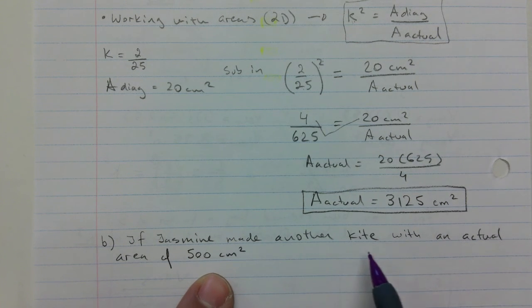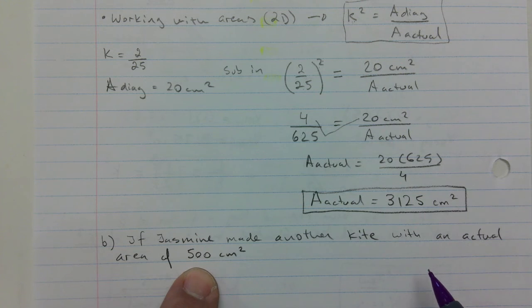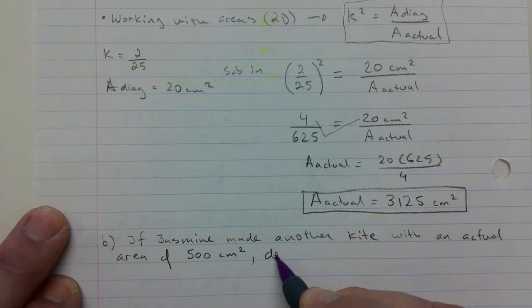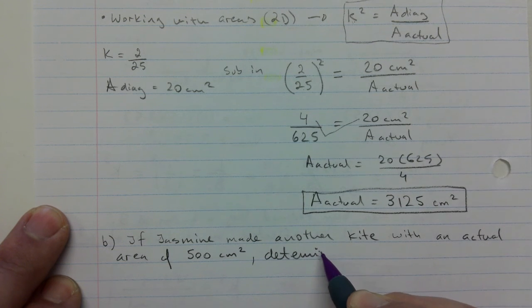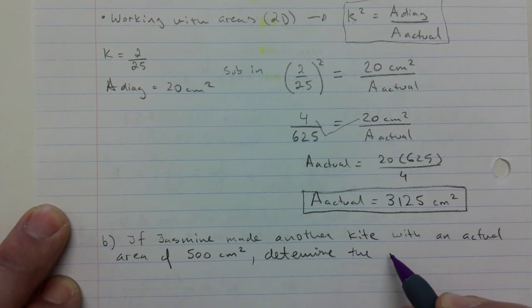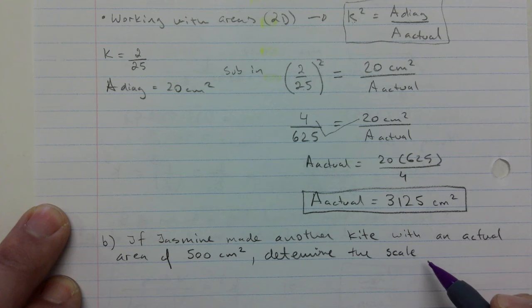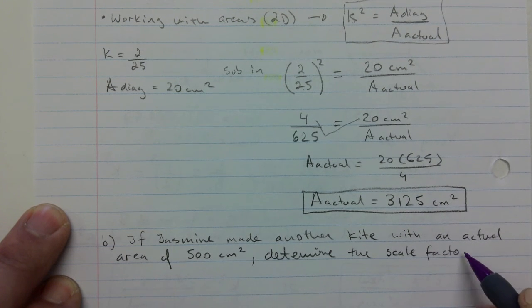If Jasmine made another kite with an actual area of 500 centimeters squared, determine the scale factor used.